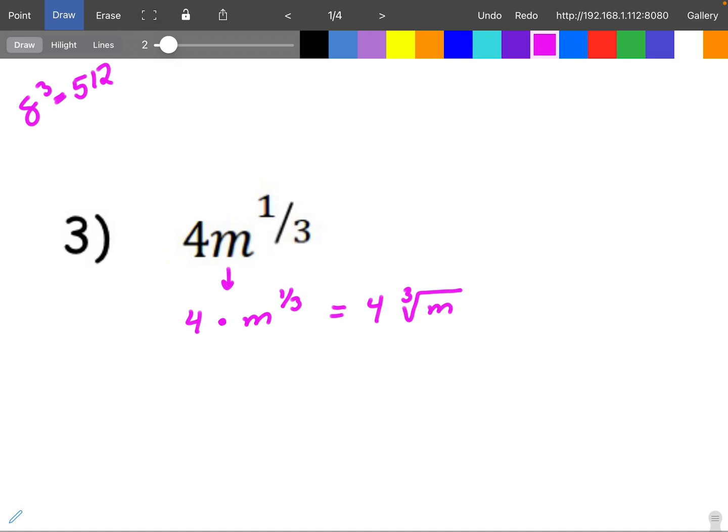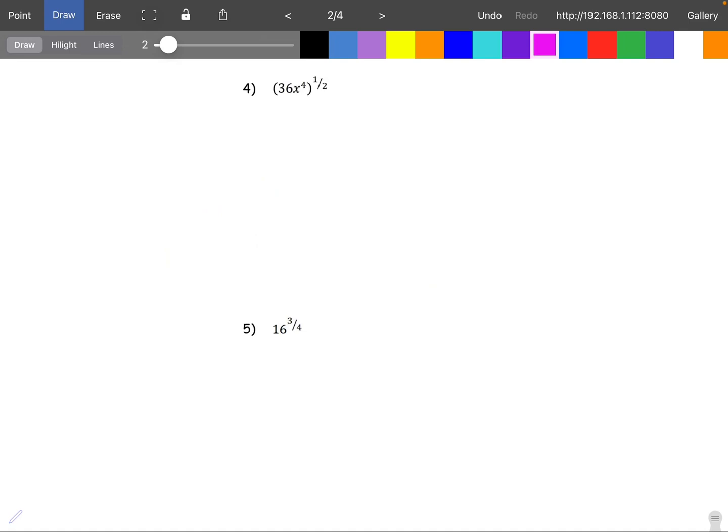I don't have m to the 3rd, so I can't break that down. I'm just going to have to leave it like that. That's really all I can do. It can't be simplified. The big thing is understanding that this is not inside of the radical given to us by that number. All right, let's take a look at some more.